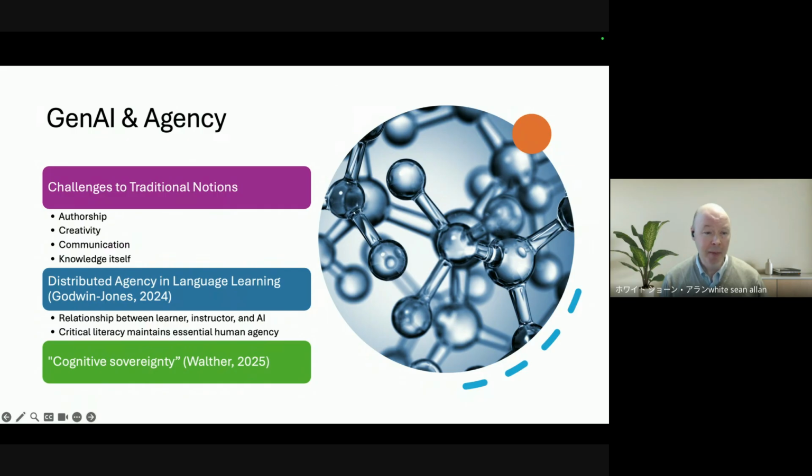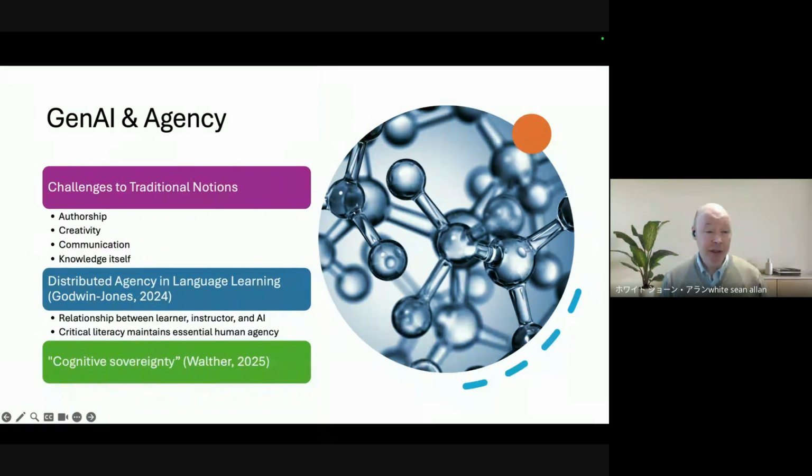I initially read about it in a paper by Godwin Jones in 2024, and Enfield. The Enfield book also is titled Distributed Agency, this idea that agency is not individual, it's not limited to humans, but both the entire environment and the people, institutions, and tools that we have in it, right?